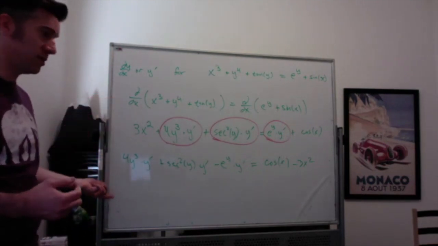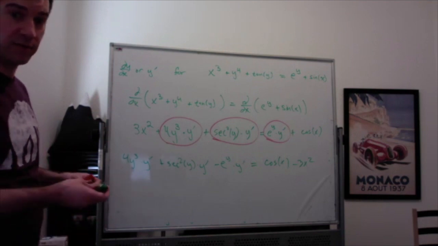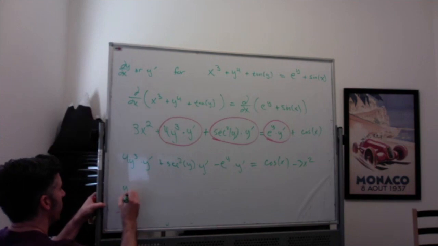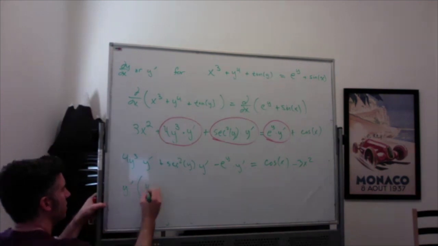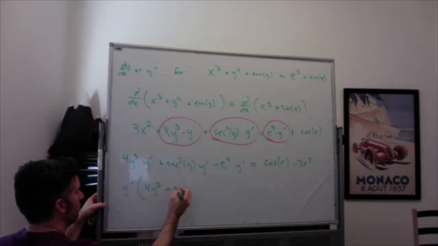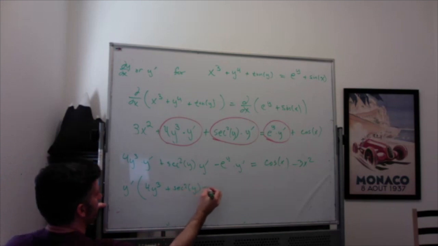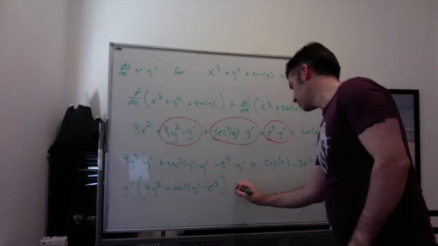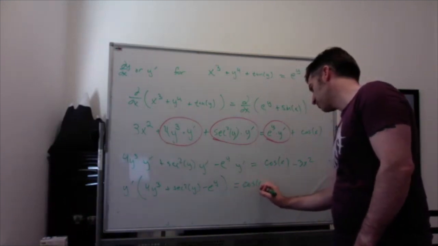The third step is going to be to factor out a y prime from the side that all the y primes are on. So I write this left-hand side as y prime times 4y cubed plus secant squared of y minus e to the y, equal to cosine of x minus 3x squared.